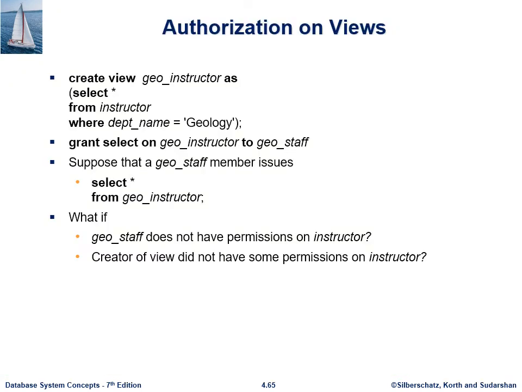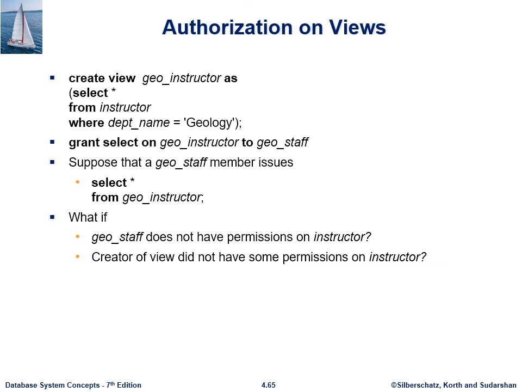So we mentioned before we can grant privilege to both tables and views. So let's look at how to grant privilege to views. We do have such usage scenarios. Just consider one department, let's assume it is the geology department.